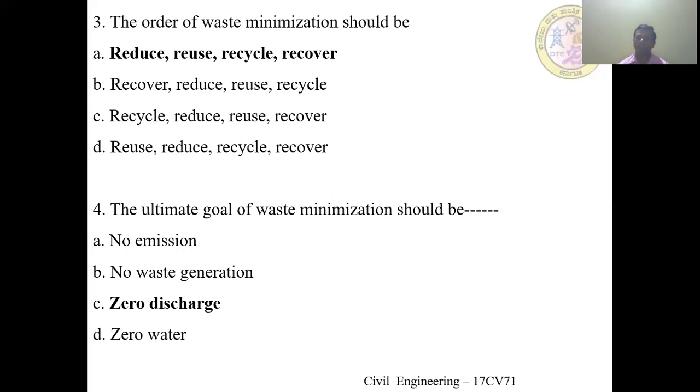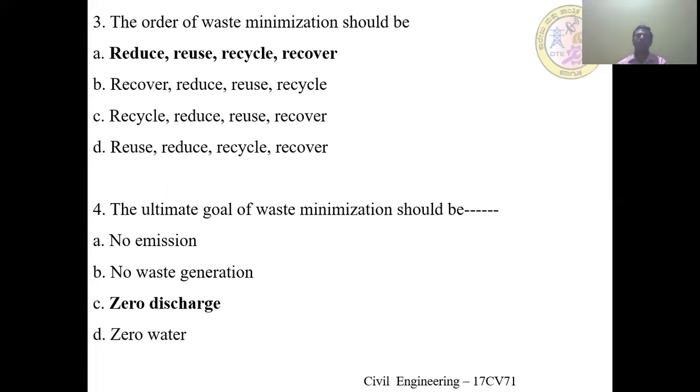So generally the present criteria is the 4 R's. As given for solid waste or industrial wastewater, the order of waste minimization should be reduce, reuse, recycle, recover. That means at the beginning you reduce the waste. In some cases reuse it. In some cases you treat and recycle, and you recover some of the end byproduct. It will be a value added product.